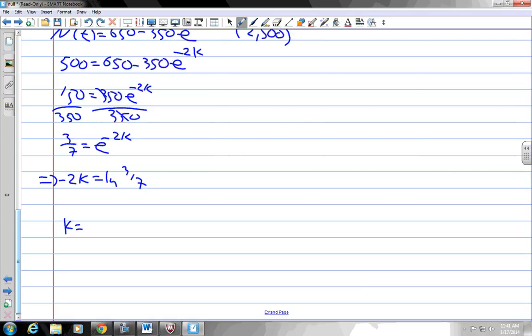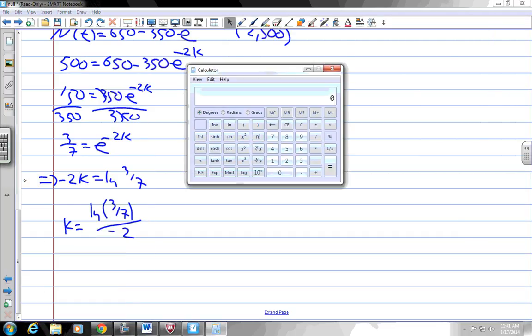So k is ln of 3/7 over negative 2. Whatever that is, you can keep that as your rate. You can plug it in the calculator. So 3/7 natural log, make it positive, half it.